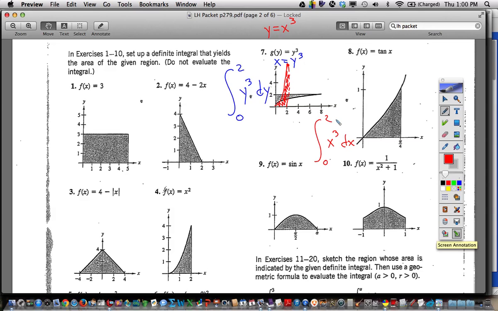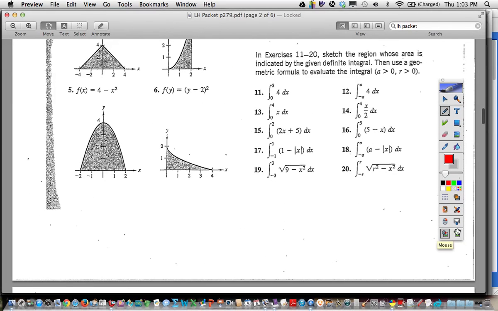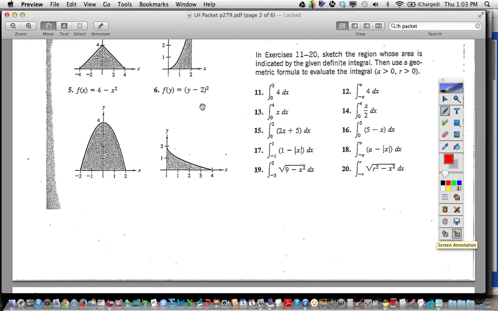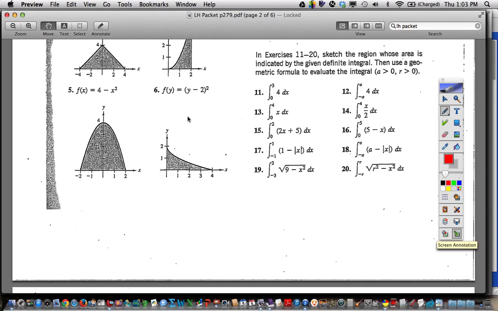And I think there is a point later where it'll be a little more confusing if you always do it that way. So I understand it does work. And so let's just look at 6 real quick. So what do you think 6 would be? 0 to 2. So it'd be 0 to 2, that's correct, and then it'd be y minus 2 squared dy.